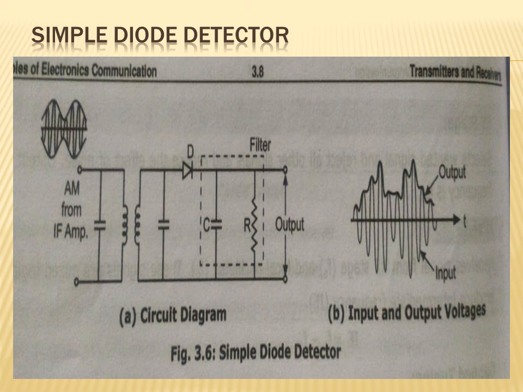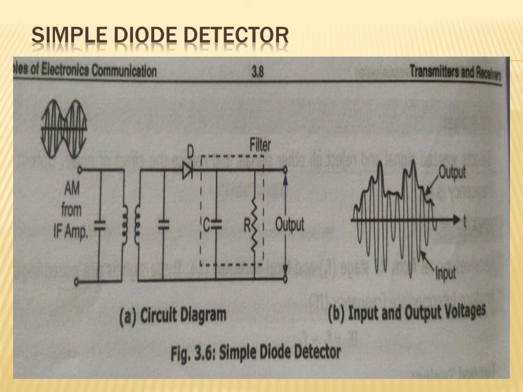The figure shows the circuit diagram of the simple diode detector. The AM signal is applied as input to the primary winding of the transformer, where this primary winding is coupled with the secondary winding.